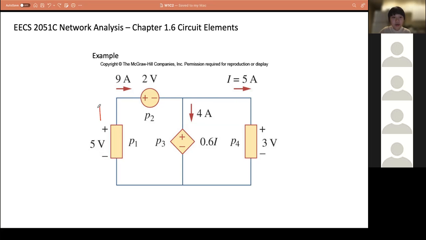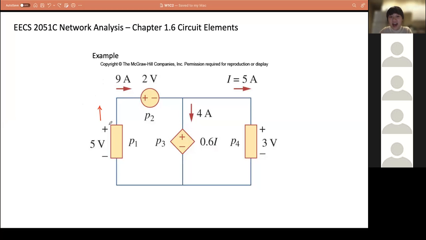into the positive terminal of each element as the positive direction. For P1 here, we have the current going out at the top, 9 amp. So this current is going out from the positive terminal, which makes it negative.